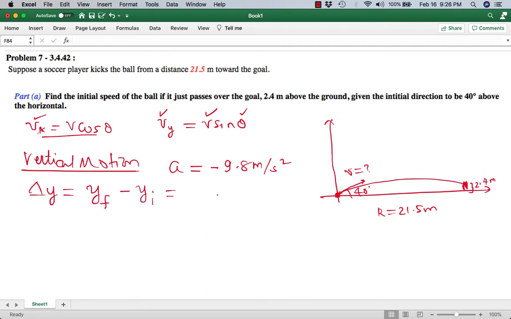So the final height is 2.4 meters above the ground, but the initial height is 0. That means delta y is 2.4. Unlike in the previous problem, here the net displacement is not 0. Okay, that's all we have for vertical motion.